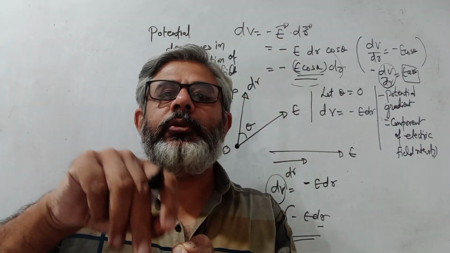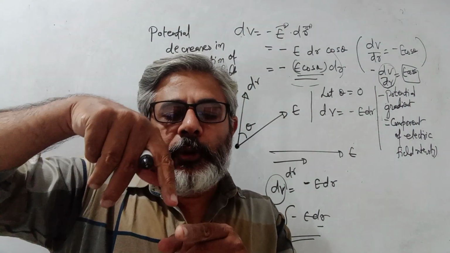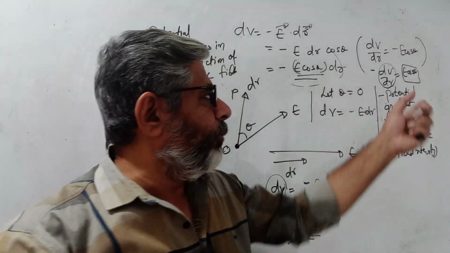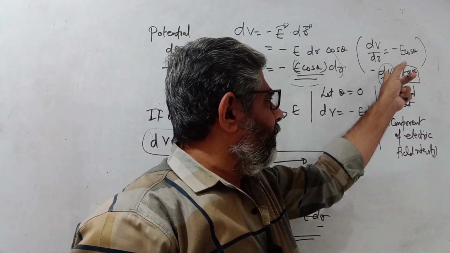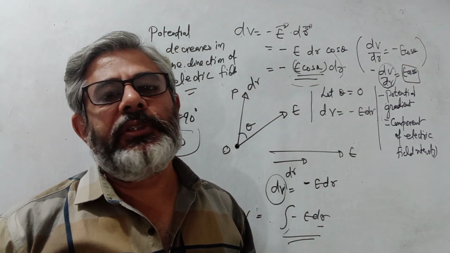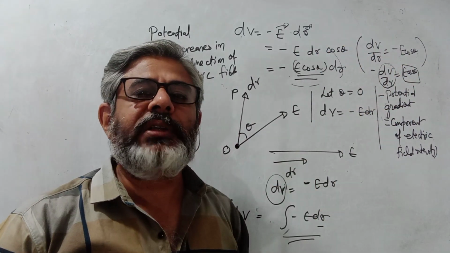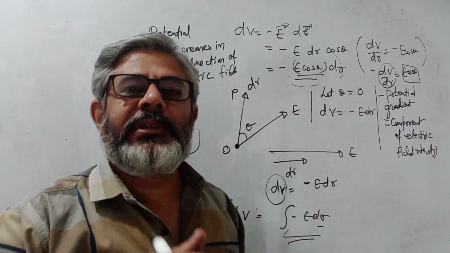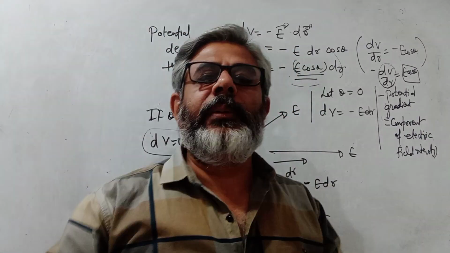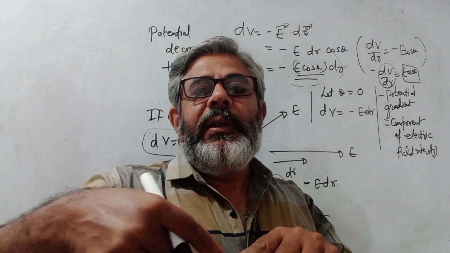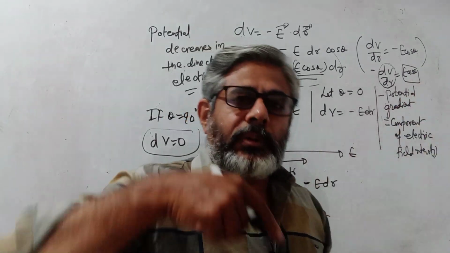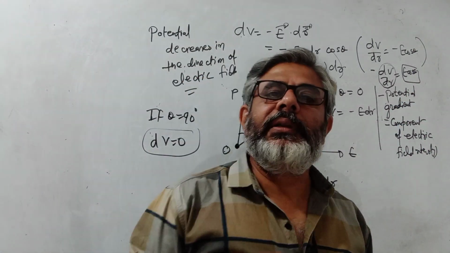So if you know the potential at a point and that potential is changing from point to point, see, if the potential is constant, then dV by dr is 0, the differentiation of a constant is 0, so there is no electric field in that direction. But suppose you know that here the potential is something and after some distance it is something else, then you can find dV by dr, and minus dV by dr will be the electric field intensity in that direction.